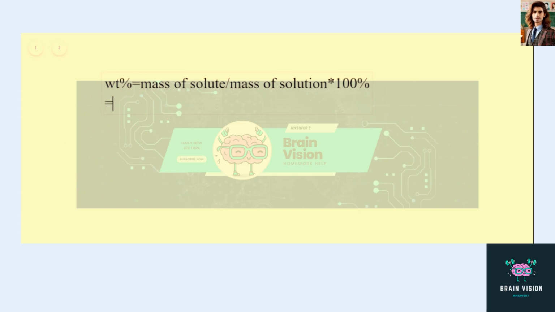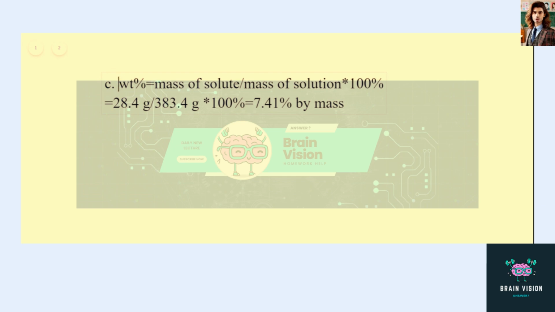We're going to just put our mass of glucose in here, 28.4 grams divided by 383.4 grams times 100%, which should give us the percentage of 7.41% by mass. Okay, so this is C.